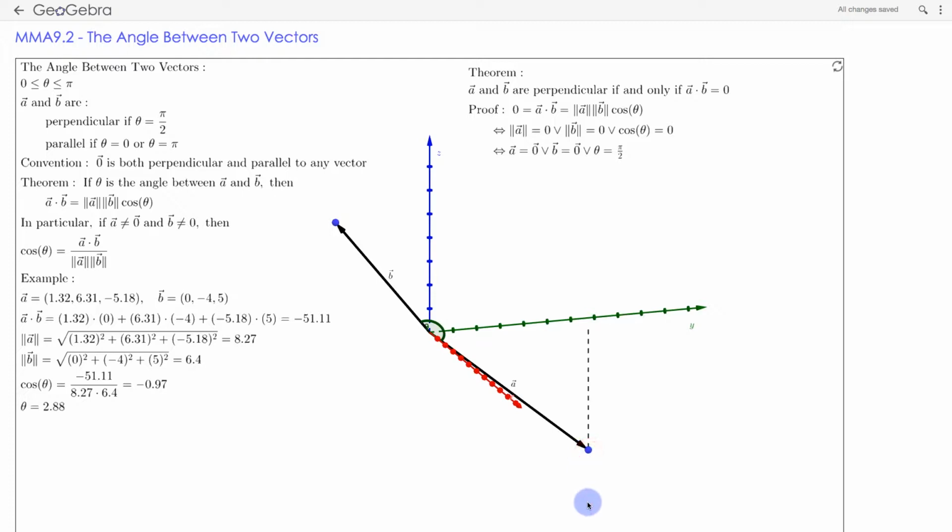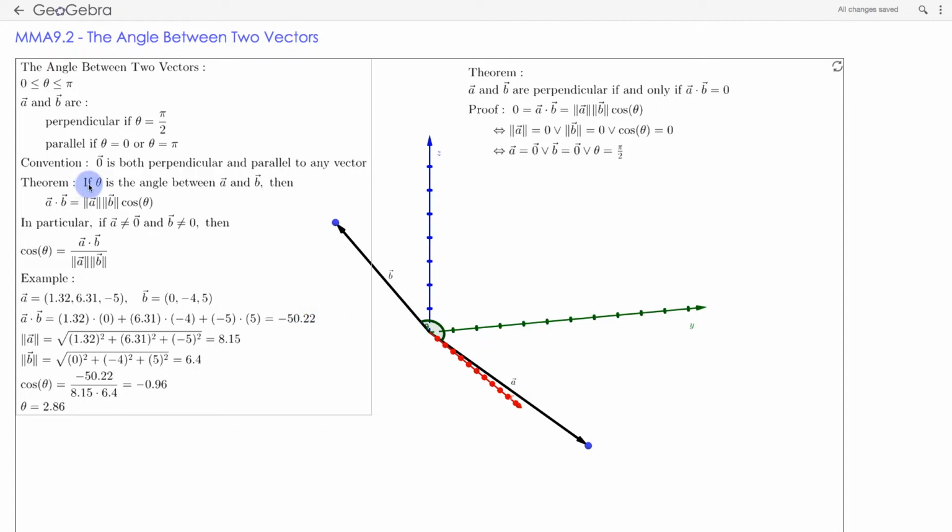But if I had more luck than I have right now, I think this one is stuck, I would be able to show you that if the angle gets bigger than pi, then it would flip, and this angle would be measured on the other side.